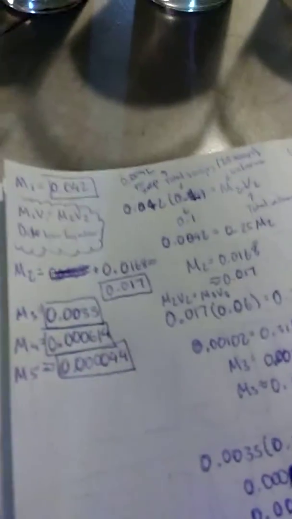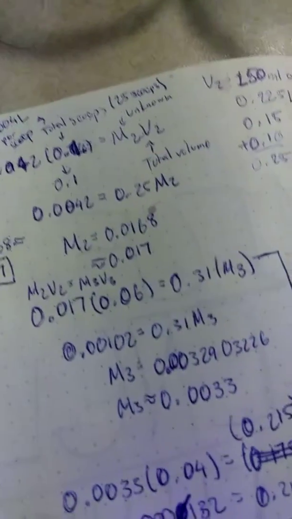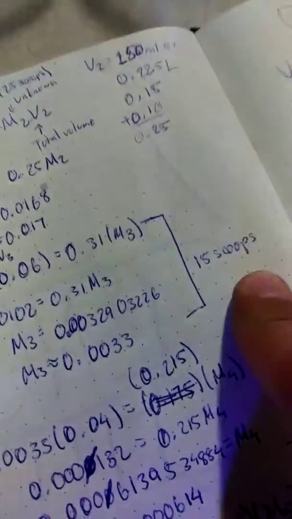For my third cup, I decided to use 15 scoops of my second cup. Then I also used 0.25 liters measured out by my measuring cup again, poured it in, and got this solution. Then I decided to find the third molarity, for which I used my second molarity times the total amount of scoops, multiplied by 0.04, giving me 0.06 since it was 15.